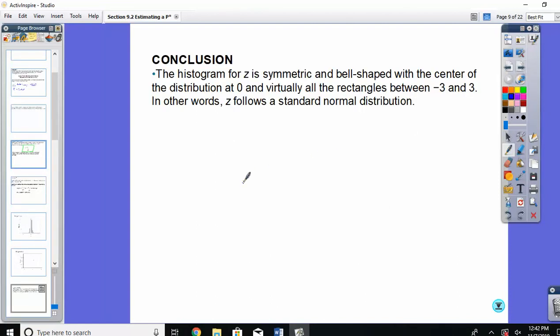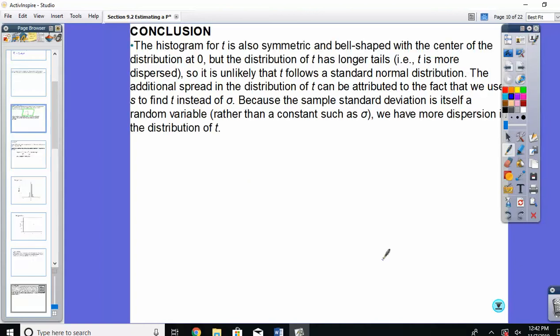So what we see is that Z is our standard normal. Pretty much everything was between -3 and 3, centered at 0. But when you look at t, it went from -10 all the way to 10. So t is still symmetric and bell-shaped, but it's more spread out. So it doesn't really follow the true normal distribution.